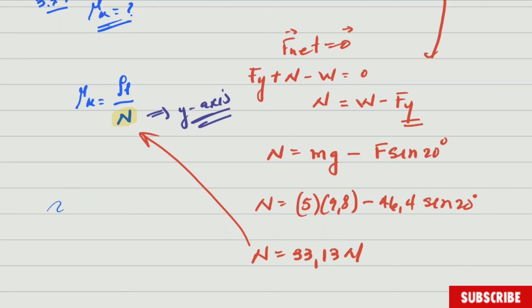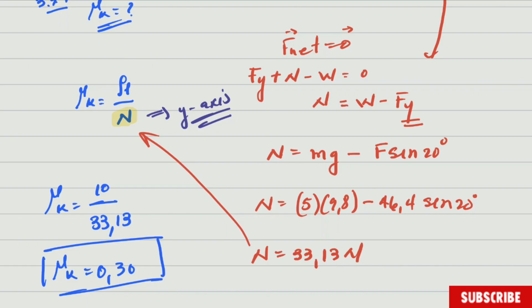And so let's do that. The kinetic coefficient of friction will be equal to frictional force, which is 10, divided by the normal force, which is 33,13. The answer is going to be 0,30. I hope you understand, guys. This is the answer, and this is the end of this question.